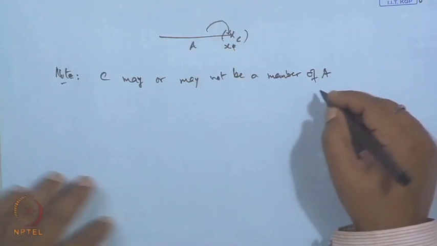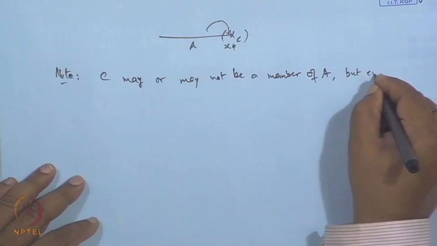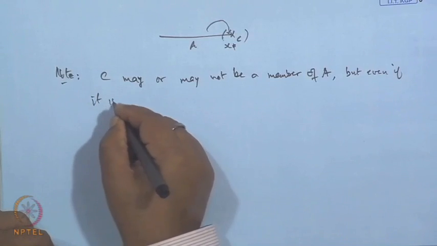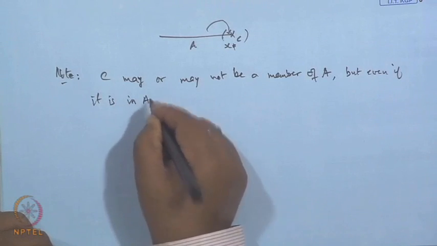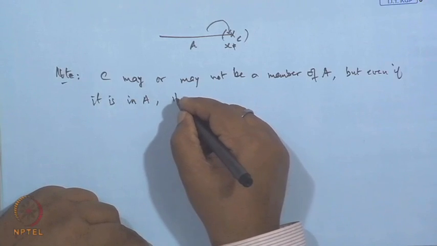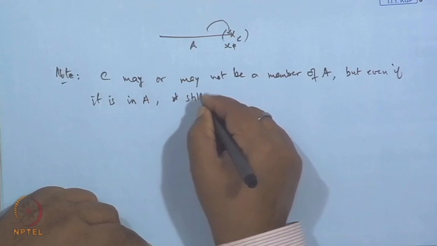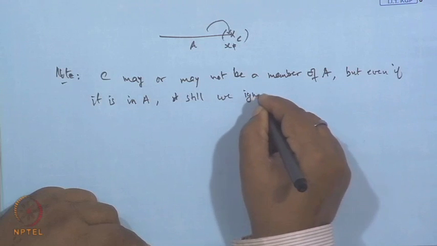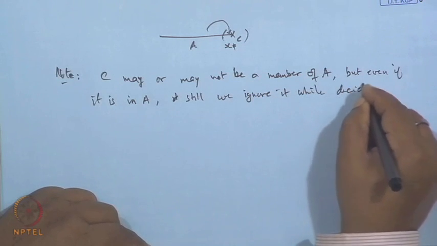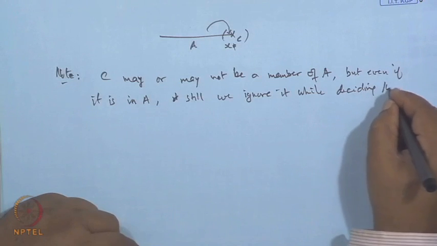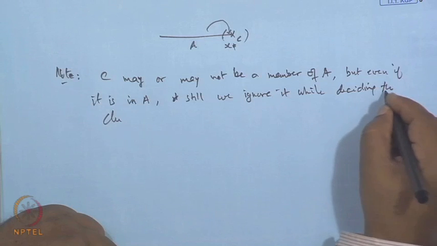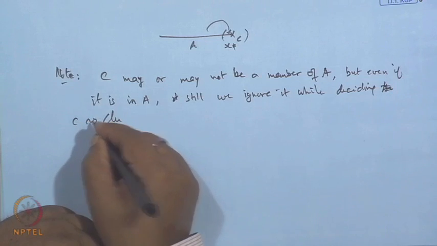If it is a member of A, we can still ignore it while deciding whether C is a cluster point.